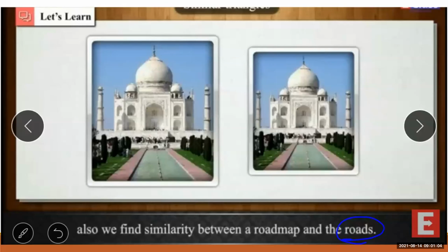So at the time of making the map of any location, the angles should be of the same measurement. Okay, regarding road map formation.